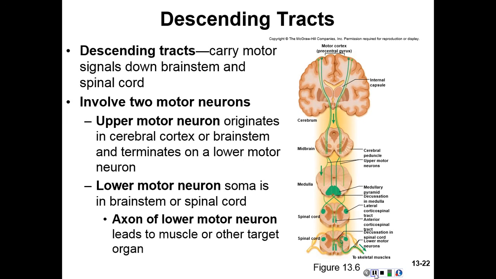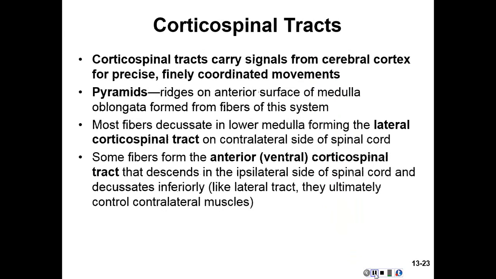The lower motor neurons go from the soma, the cell body, in the brain stem or the spinal cord. So you can see your cerebral peduncles on the right hand side. You see your cerebellum, your midbrain, your medulla, your spinal cord, and you can see how it exits out of the anterior horn when you look at your lower motor neurons.